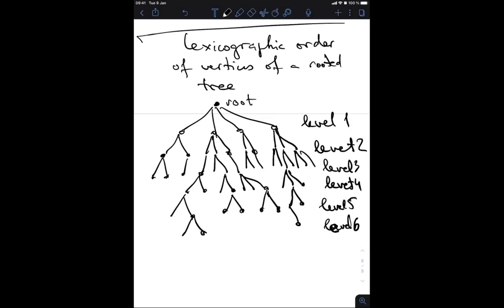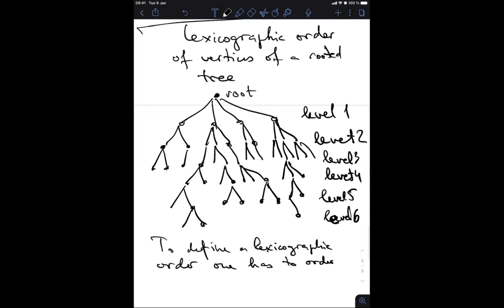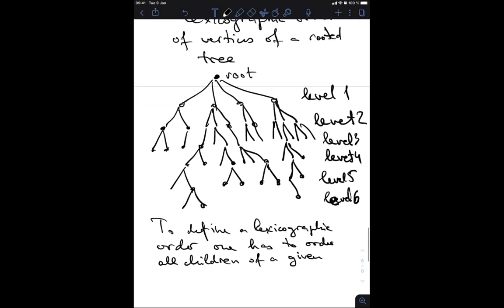Okay. So to define a lexicographic order, one has to order all children of any given vertex.